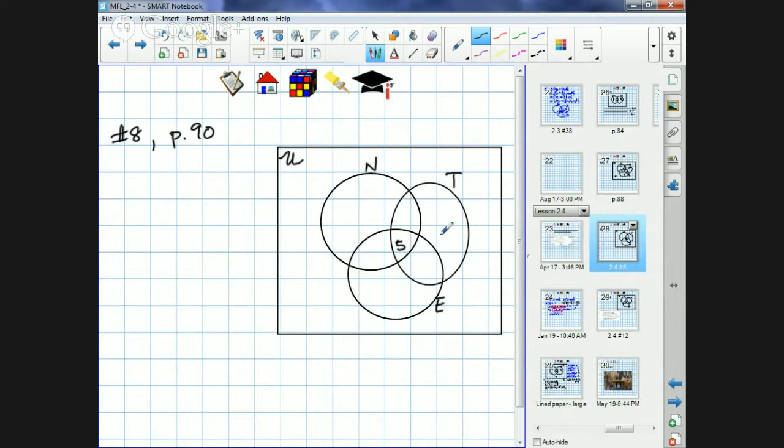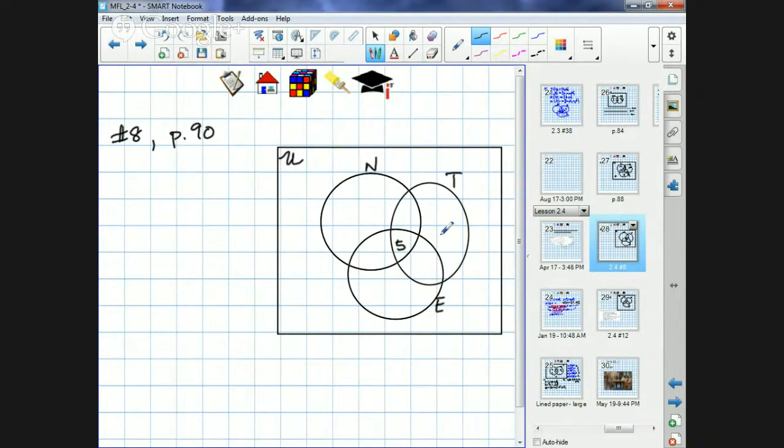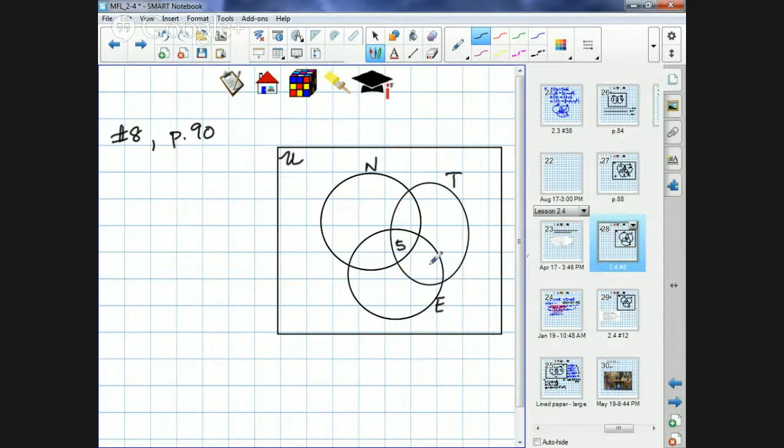We might as well just take the next one up in the list. 15% have 10 and 11. Where 10 and 11 intersect, that would be this part right here, lower right. And that would have a 10 here, so that they total 15. And then 10% have 9 and 11.